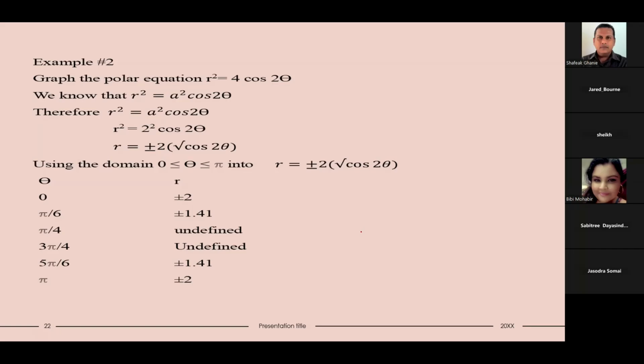Like we have done before, we just find the value of r by square rooting the right-hand side. And we use our polar coordinates, as shown here, 0, pi over 6, pi over 4, 3 pi over 4, 5 pi over 6, and pi, and we will establish our values. Next slide, please.